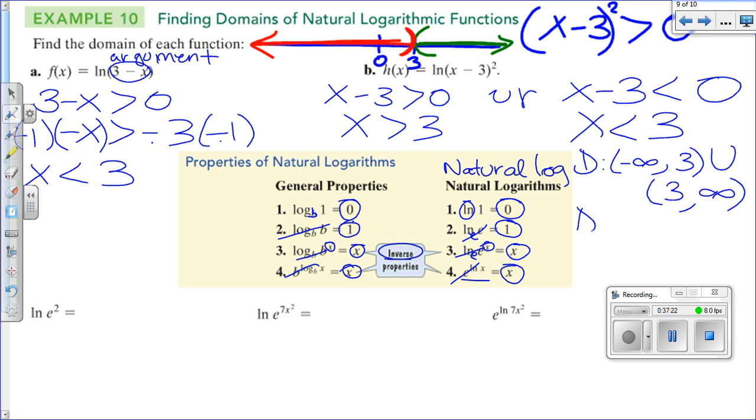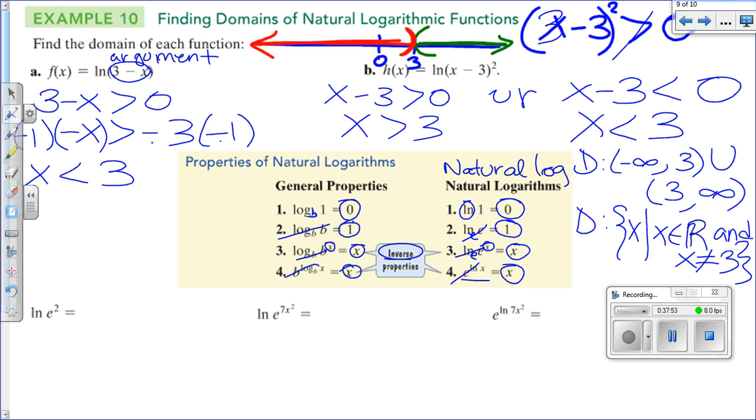If we want to write it down in set notation, it will be x such that x is a real number and x does not equal 3. The only reason that we cannot have 3 as part of the domain is because if we were to substitute a 3 here, we will have 3 minus 3 is equal to 0, and 0 squared is not greater than 0.